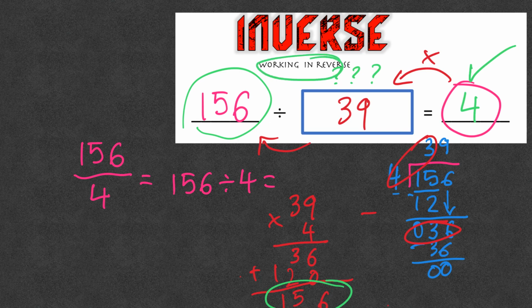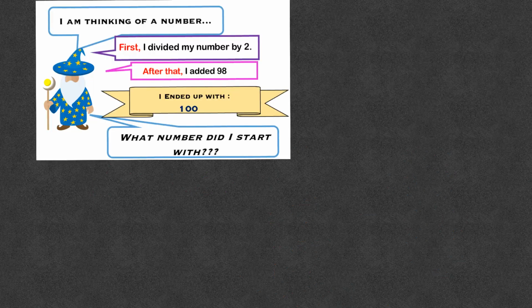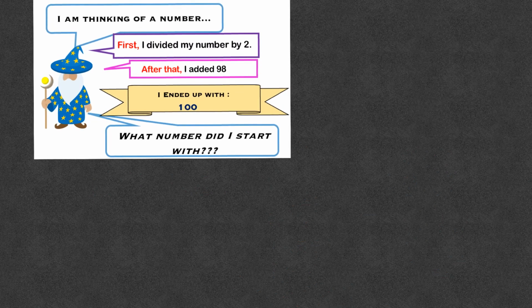So now I can move on to actually a bit more complicated problems. We went through the basics of inverse. Now let's look at the working in reverse problems. Here is an almost identical problem to the one that you've seen at the end of yesterday's maths assessment and the ones that we'll be working with right now.